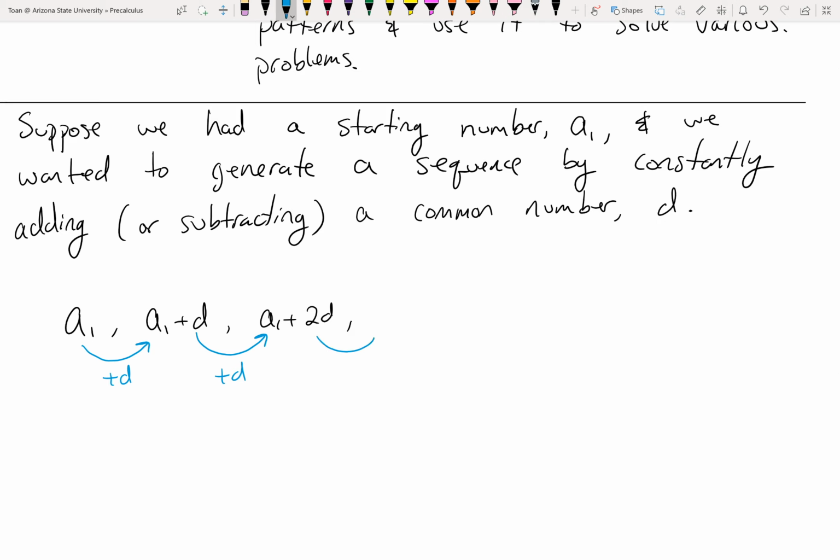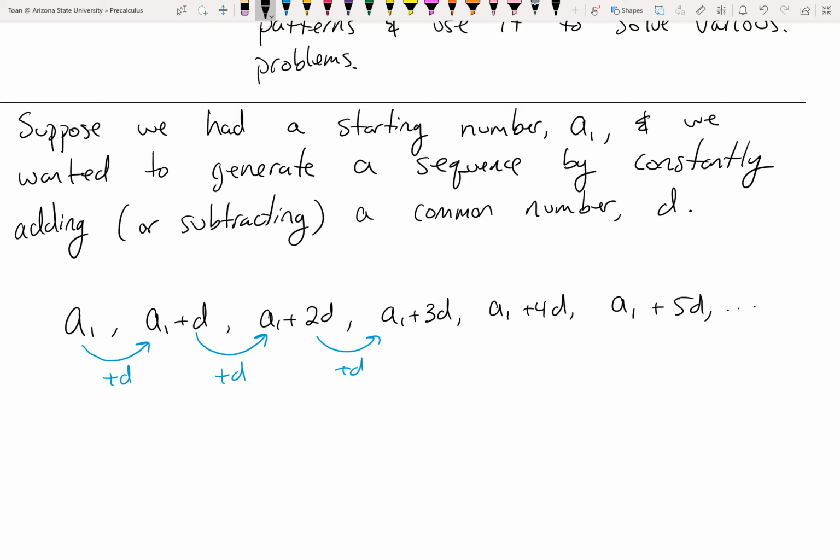Then to get to the next number, we add another D. That's a sub 1 plus 3D. Hopefully I don't have to write it anymore, you guys are picking up the pattern. The next number should be a sub 1 plus 4D, then a sub 1 plus 5D, and so on and so forth.